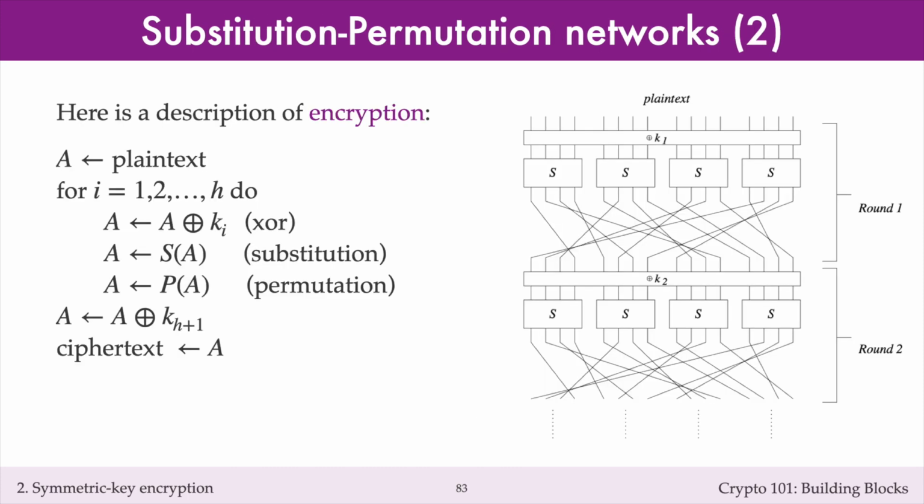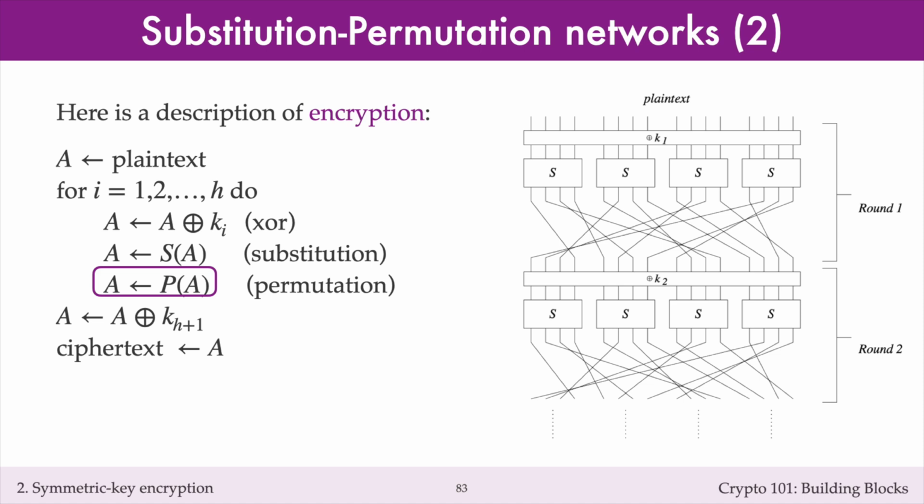Here's how encryption works in a substitution-permutation network. Let A be a plaintext block. Encryption takes place in H rounds. In each round, the ith subkey is added to A, and then the substitution is applied to A, B bits at a time. Recall that B divides N. This is the substitution layer.